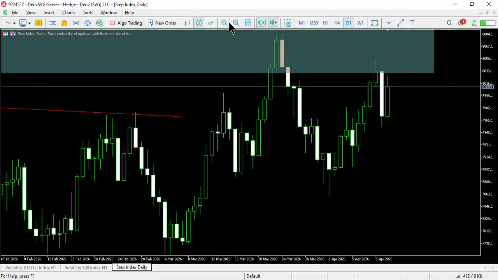Now, if we are to analyze this bullish move that is happening, we have a break of structure right there.